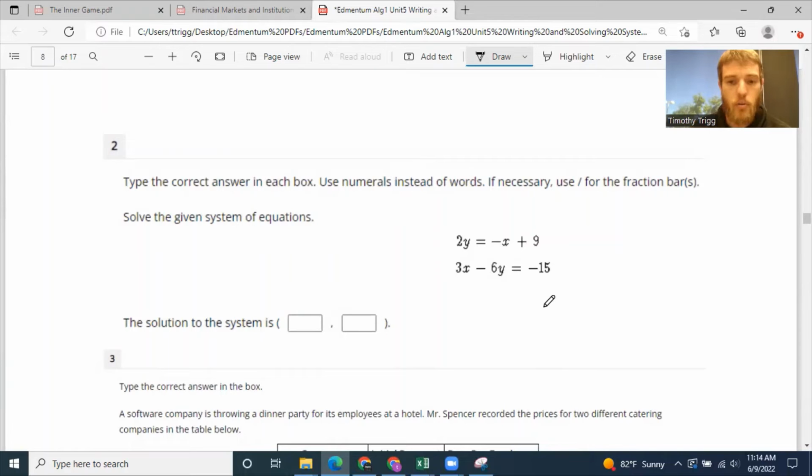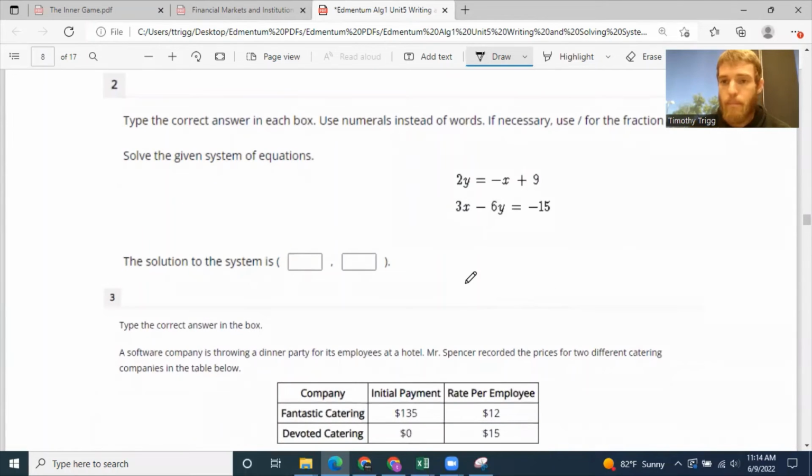So we want to use substitution to solve for x and y here. Well, I notice here that this first equation is not solved for either x or y. So I would like to get one of my variables by itself. So my first step here, I can get y by itself by dividing by 2 here on this first equation.